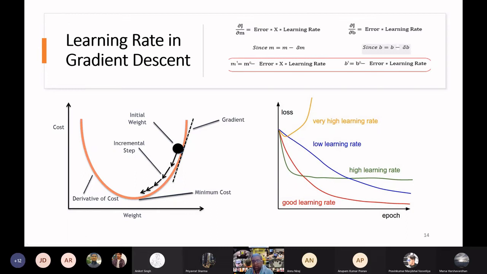So you can think about that I have a bowl with many ups and downs inside, or maybe some people play a game where we have concentric circles, and I have to bring a ball to the middle of those concentric circles.